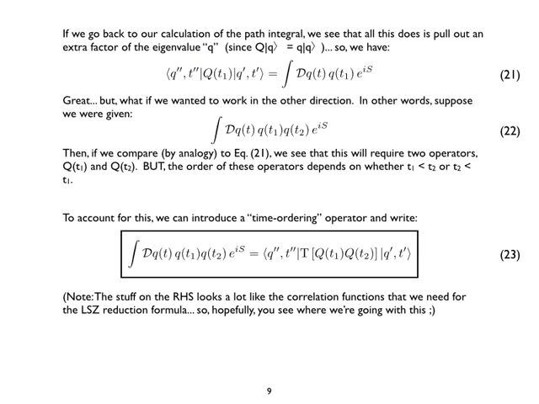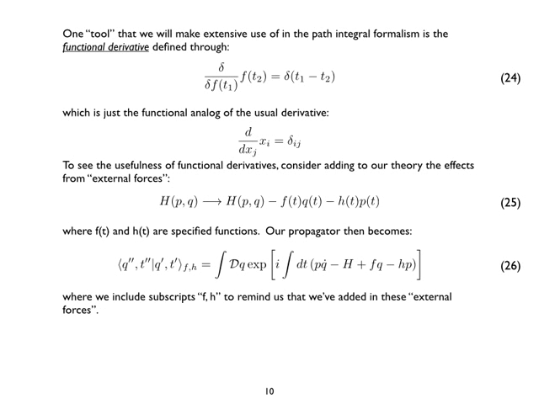And that's the name of the game in quantum field theory, computing those correlation functions. Because once you have those, then you're off and running. You can compute the S matrix, scattering amplitudes and cross sections and all the other fun stuff that you do in quantum field theory.